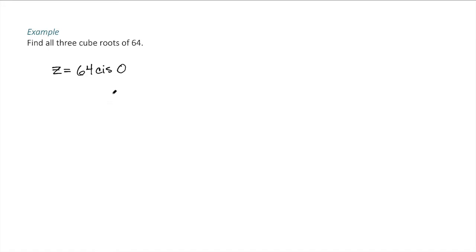And that helps me then to use my little theorem here, that my roots are r to the 1 over n times cis of the angle theta plus 360 degrees times k over n. And so now I can just plug things in here. So my r here is, of course, 64.